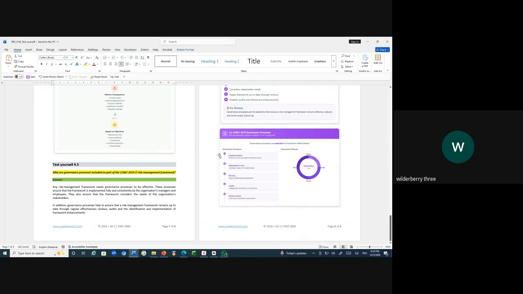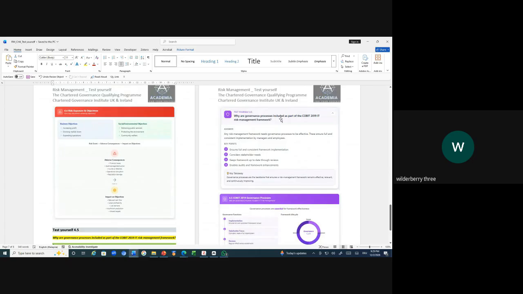COBIT framework: here it's also about why the governance process is included as part of the COBIT IT risk management framework. So COBIT is part of the risk management, or shall be part of the risk management, because of course information utilization is driven by information technology. So it forms a huge part of the company.